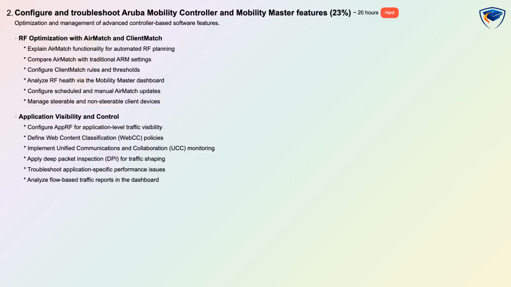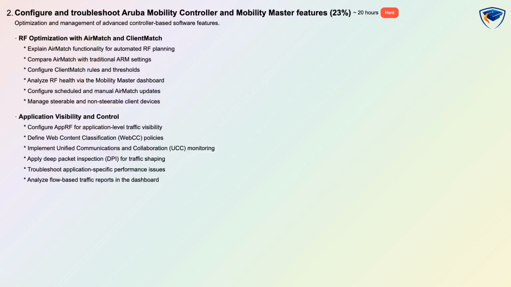Configure and troubleshoot Aruba Mobility Controller and Mobility Master features is 23%, rated hard, with about 20 hours of study and scenario-based assessment. Expect deep coverage of RF optimization using Error Match and Client Match, including how Error Match automates RF planning, how it differs from traditional ARM, and how to configure Client Match rules and thresholds.